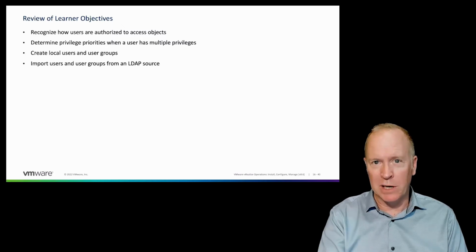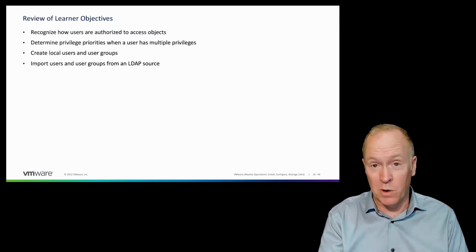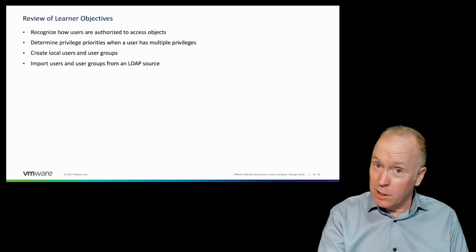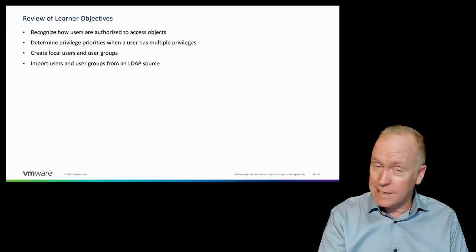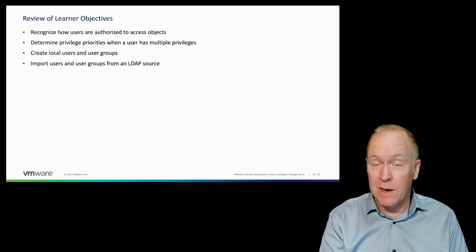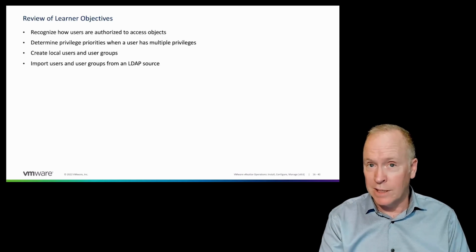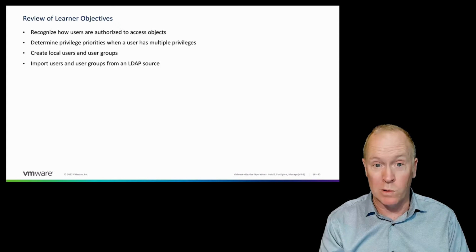Again, a user who belongs to multiple groups may have multiple roles because the groups have different roles. In other computing environments, they operate on the principle of least access, but that's not the case for vRealize operations. For vRealize operations, if you have a user that has multiple roles, then that user is going to get the combined power of all the privileges in both of the roles.